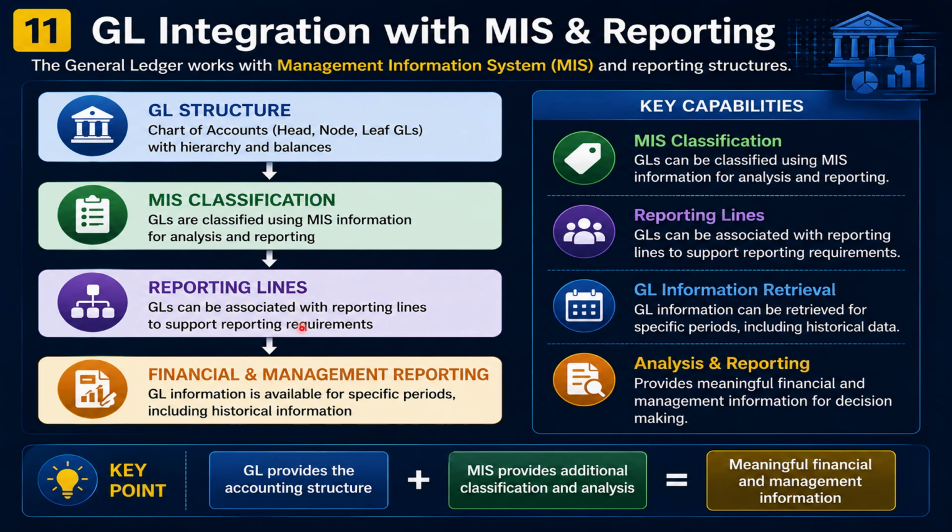In simple terms, the general ledger provides the core accounting structure, while MIS adds additional dimensions for classification and analysis. Together, these capabilities help the bank organize and retrieve meaningful financial and management information. We are keeping this as a high-level introduction in this video. Detailed MIS classification and reporting configuration will be covered separately.